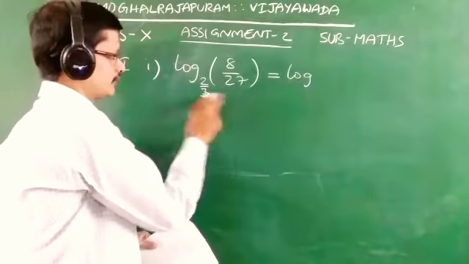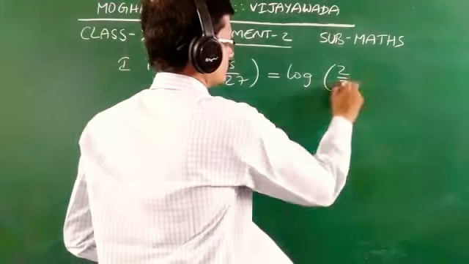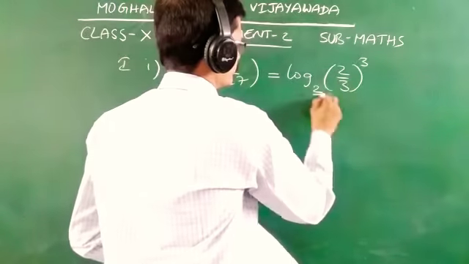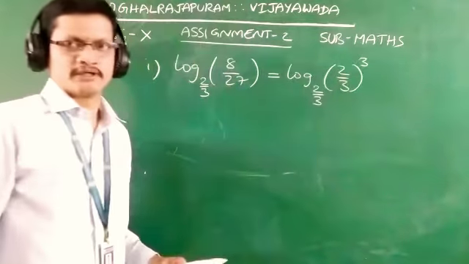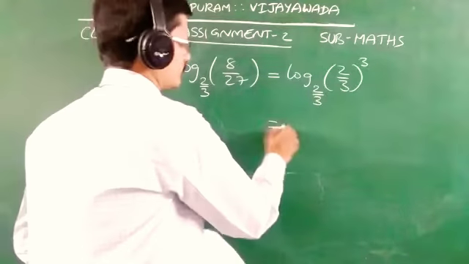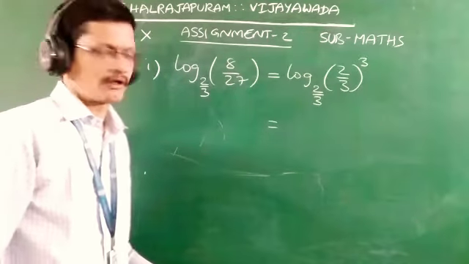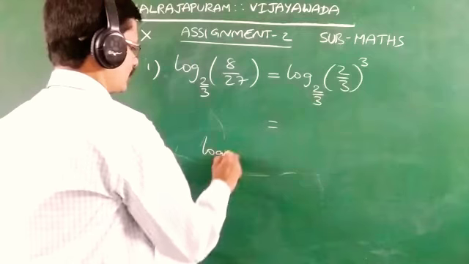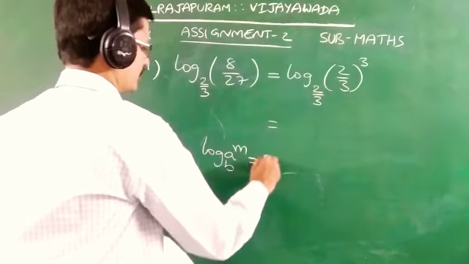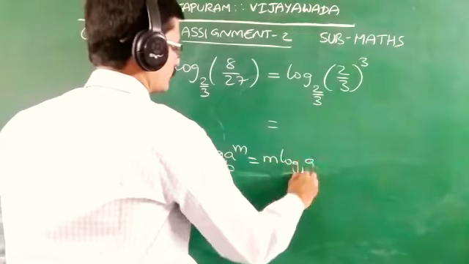So 8/27 can be written as (2/3) whole cube, to the base 2/3. What is the formula for log a power m? Log a power m to the base b is equal to m log a to the base b.